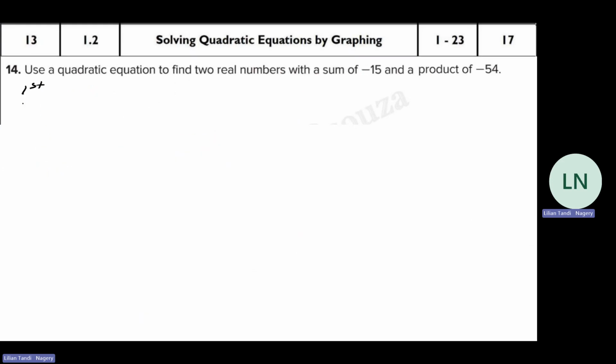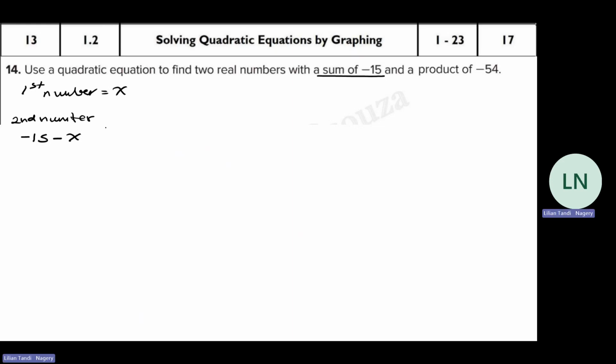First number is x. Second number will be negative 15 minus x. Okay? Because I've been told they must have the sum of negative 15.